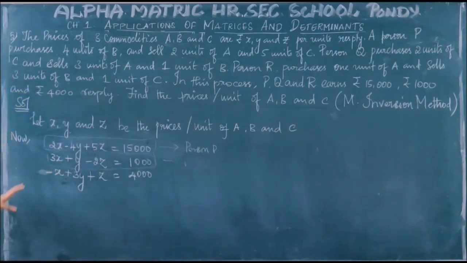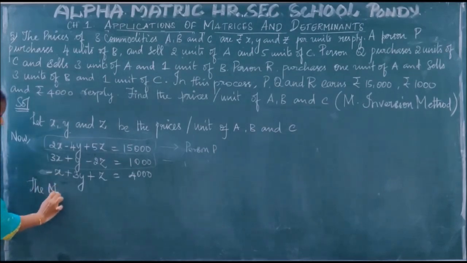So this is the set of equations we have framed from the given data, and now we can use the matrix inversion method to find the values of x, y and z. What is the first step? That is getting the matrix equation.